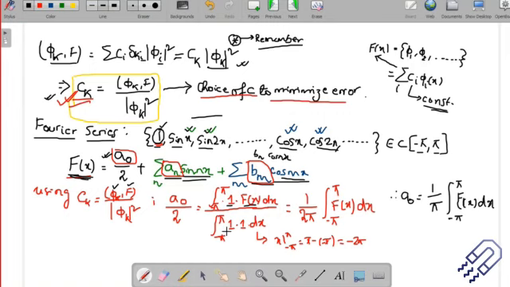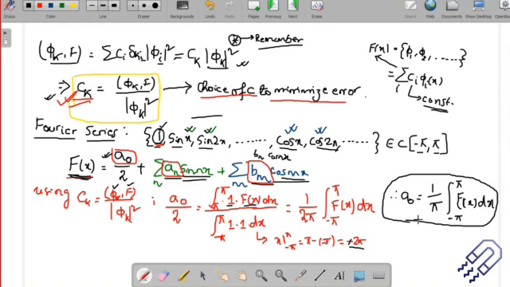When we do the denominator, we get 2 pi if we do the calculations correctly. And on top it is f(x) dx. We've got 1 by 2 pi, that is a0 by 2, so the 2 gets cancelled, and I get the value of a0.